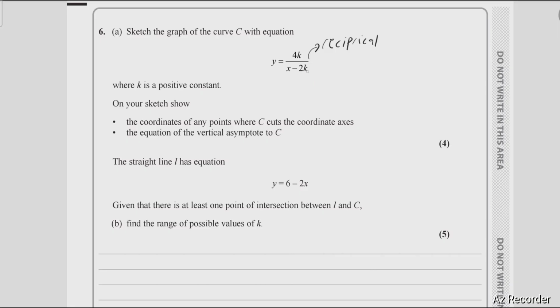And the asymptote is x must not be 2k because if it was, it would be an error because 4k over 0 is an error.